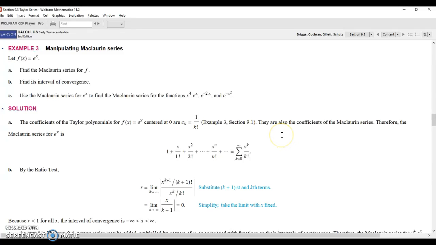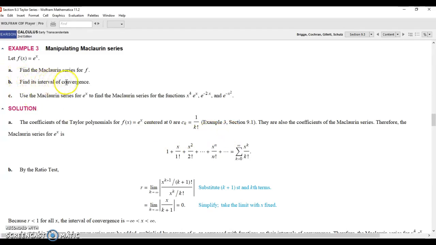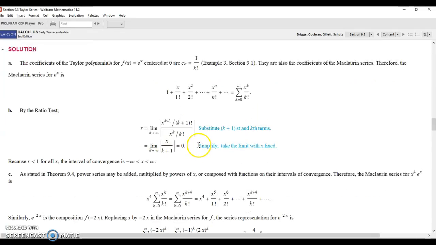Now we want to know what the interval of convergence is. This is not something we did with Taylor series before. This is exactly the kind of thing you use the ratio test on, because we have a k factorial there. If you do the ratio test, and again we have to do this with absolute values, you do a little simplifying and you're left with an x and a k plus 1 on the bottom.